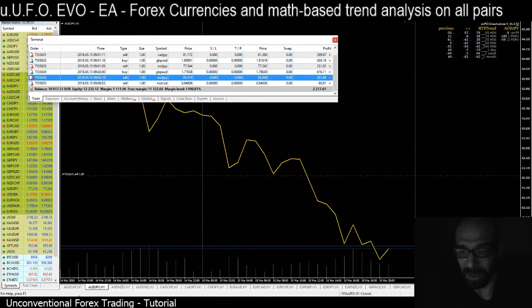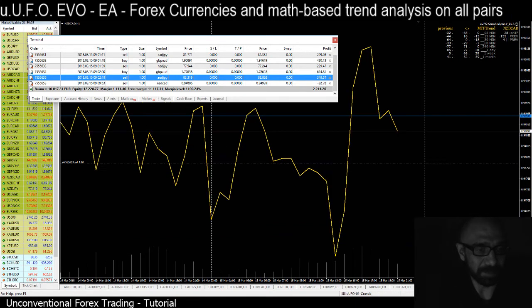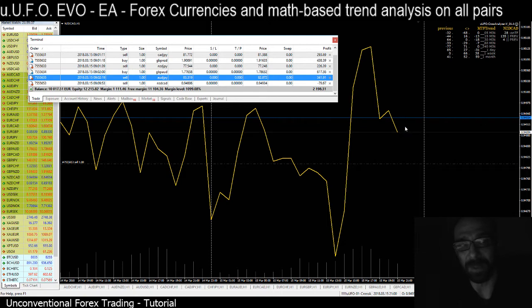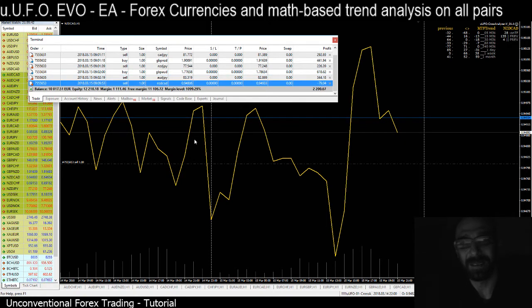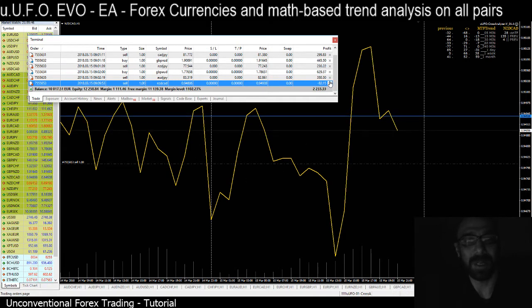And then we have New Zealand dollar CAD, which is the big retracer, the big mistake somehow. Okay, anyway, now I'm going to close the trades.